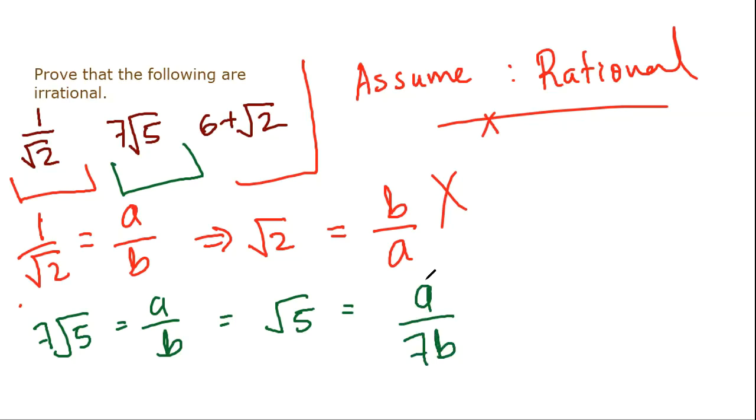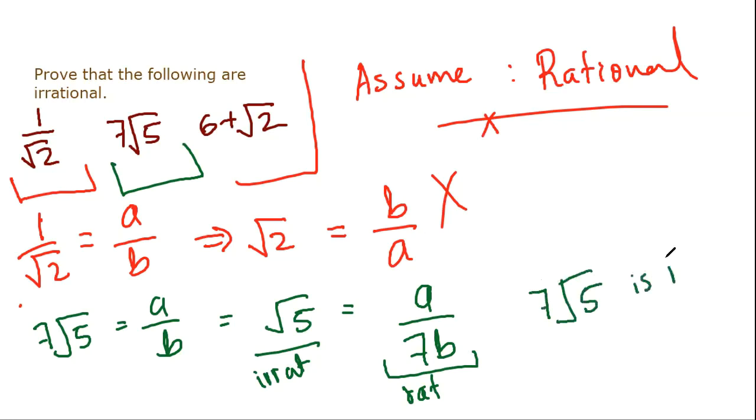This is also not possible because root 5 is an irrational value, and this LHS, A divided by 7B, represents a rational value. This is a contradiction to the fact that root 5 is an irrational value. So our assumption is wrong. The right assumption is that 7 by root 5 is irrational. This is a proof for showing 7 by root 5 is also an irrational value.